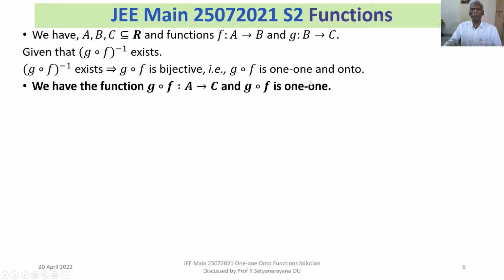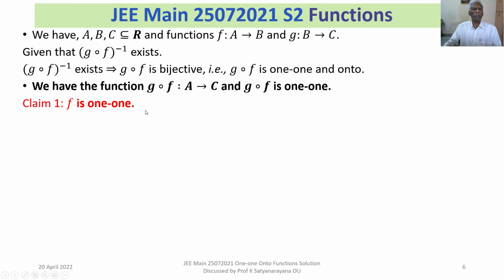So it has two properties, but we have taken the first property. Then, I claim that f is one-one. That means, if g∘f is a mapping from A to C and g∘f is one-one, then f is one-one. So, this is what I want to prove.